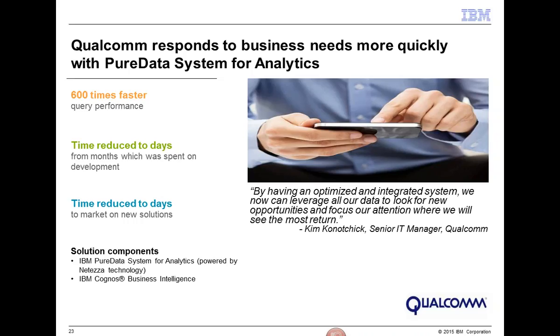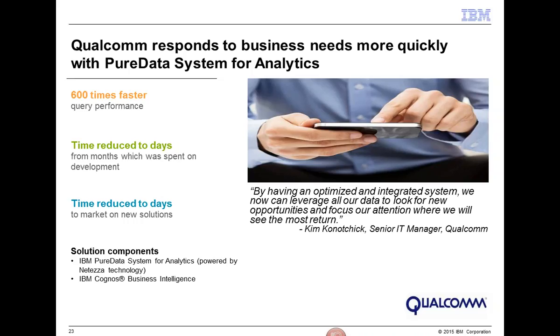So it's a customer. If you're not familiar with Qualcomm, they're a world leader in next-gen mobile technologies, and they were using a couple of racks of PDAs that were tied together.